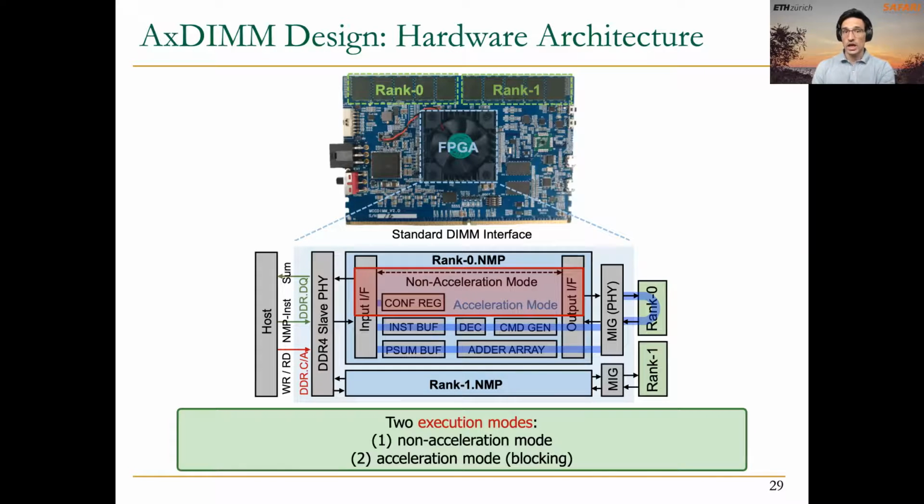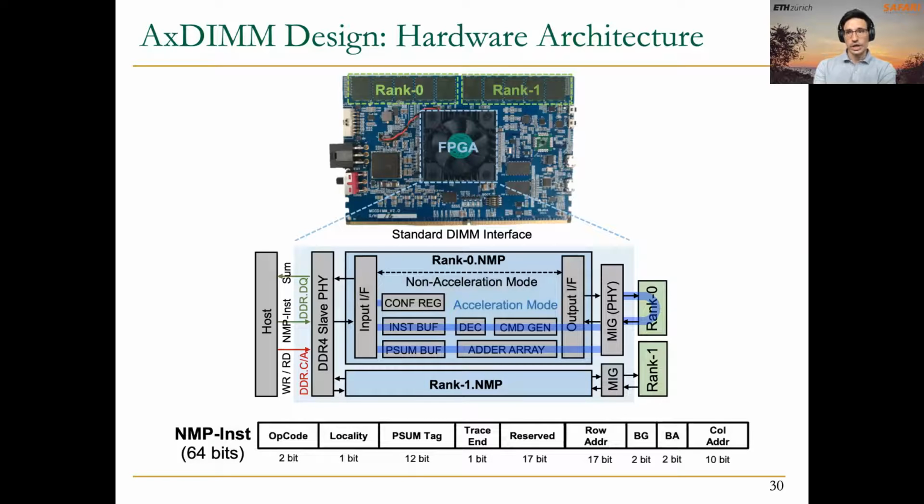And then we have the acceleration mode that is blocking, because in the acceleration mode it is the near memory processing units that access the data in the memory ranks in order to perform the computation, in the particular case that we are studying today, the SLS operators. So they are blocking because during that time the host cannot access the memory ranks.